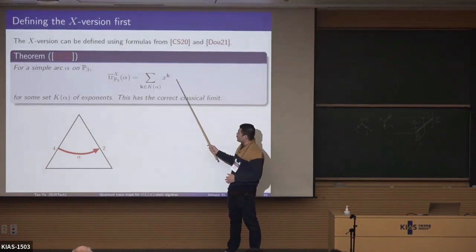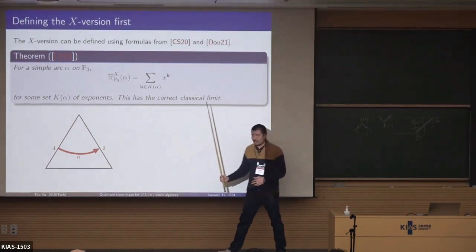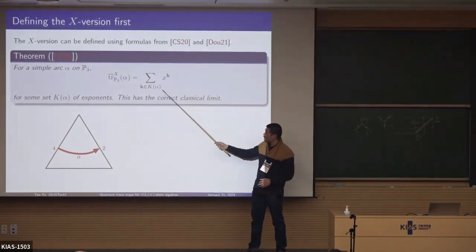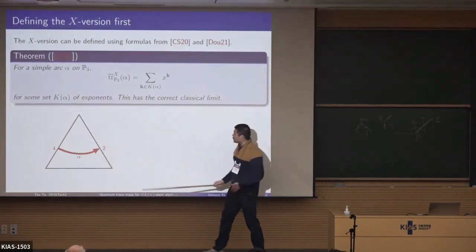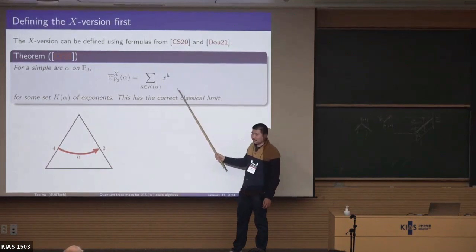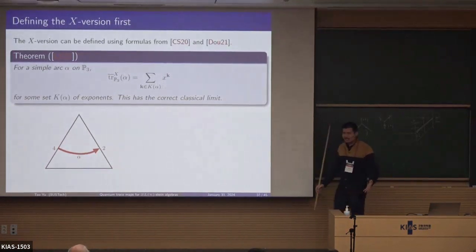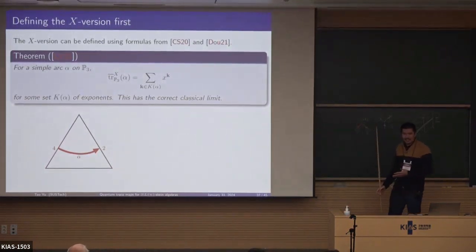So even if you look at the classical trace map, there is a formula like this where the trace inside a triangle going like this is a sum of monomials. In classical fashion, when you want to quantize something that's a sum of monomials, you just simply replace them with the symmetrized monomial in a quantum torus.